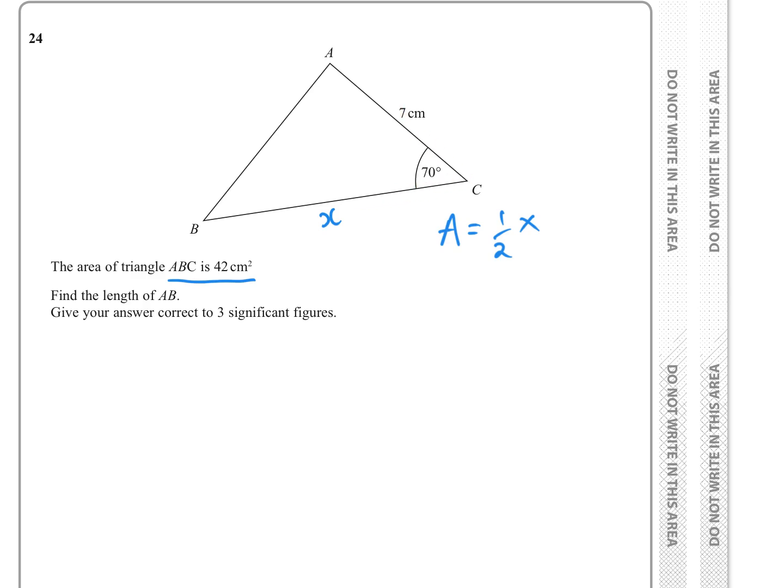So in this case, x times 7, times sine the angle. I'll write that out so you can actually see it properly: a half a b sine c, isn't it? That's the formula.